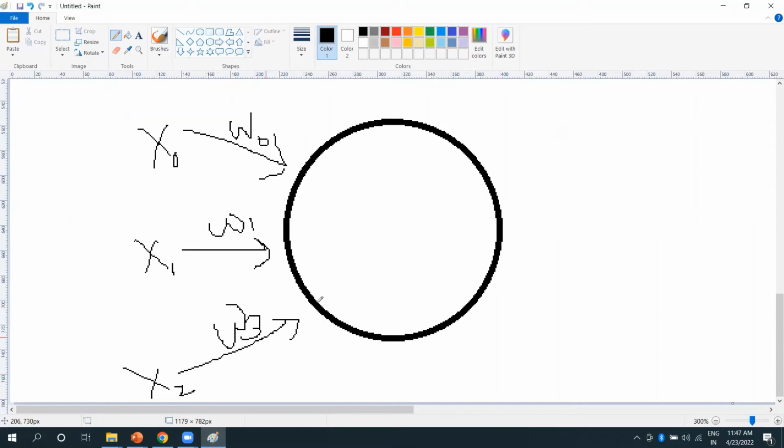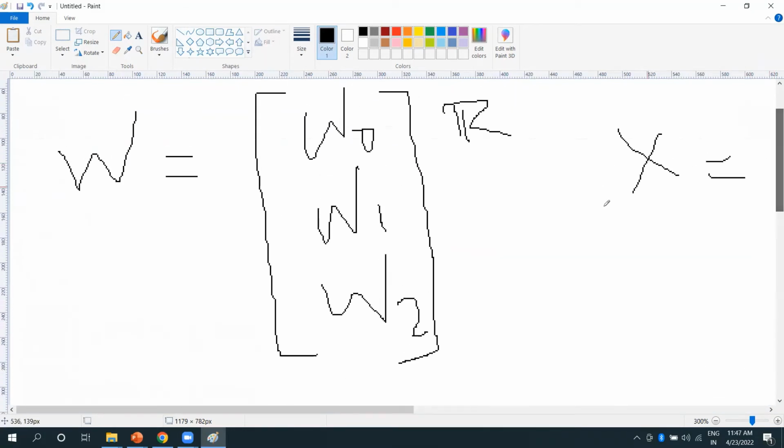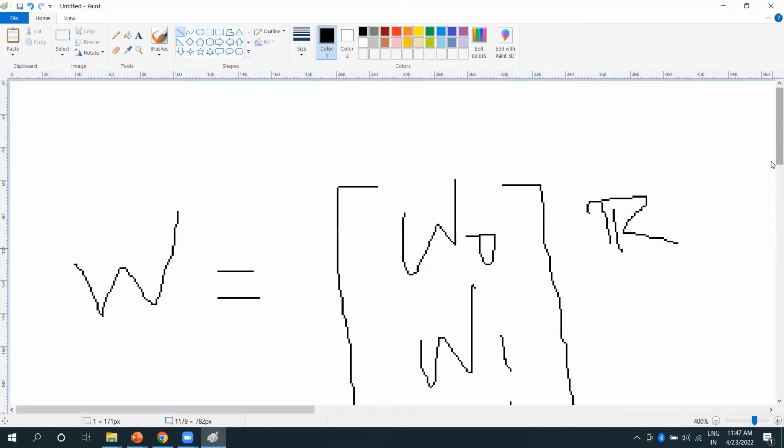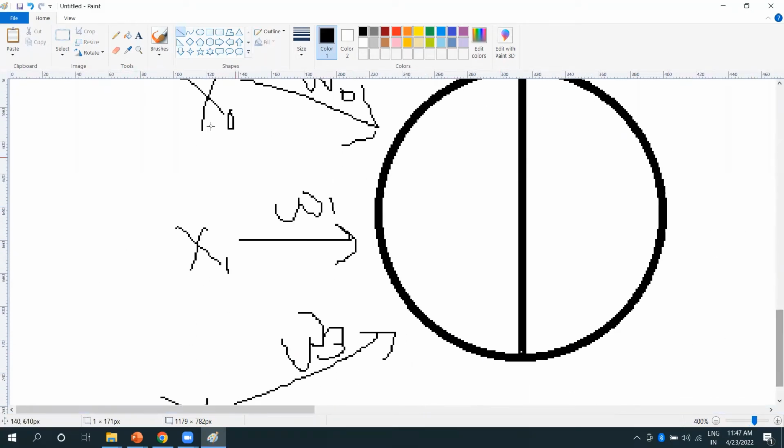So when you pass them through this, you get something of this sort, W transpose X. I draw the line here. What happens in this function is that if you expand it, this is W transpose X.